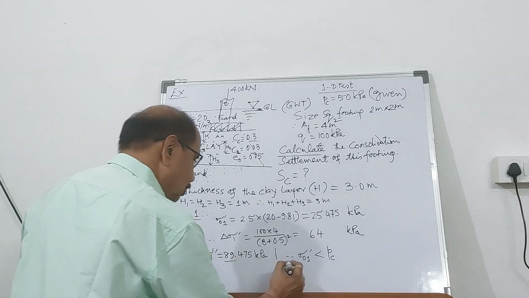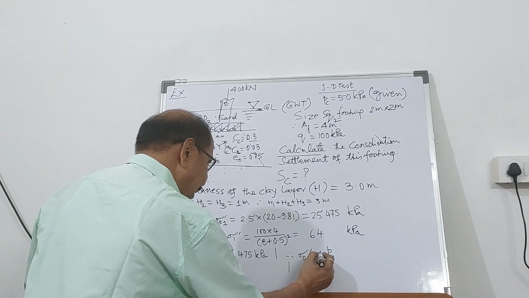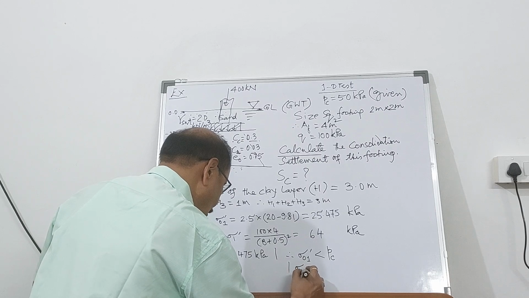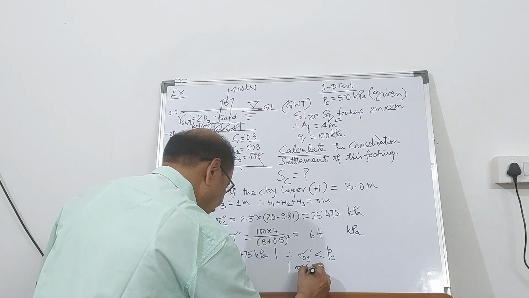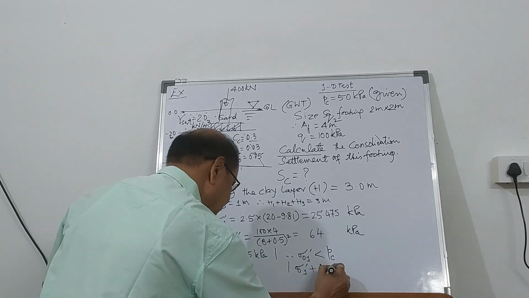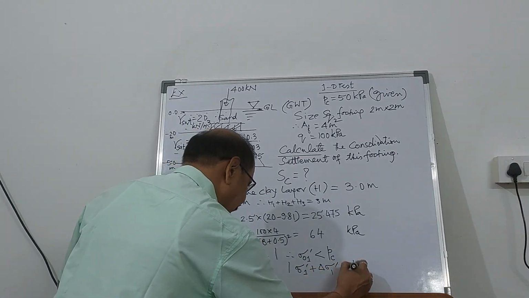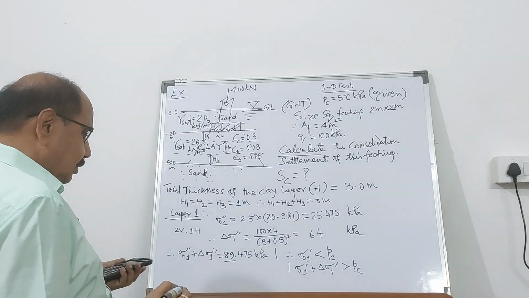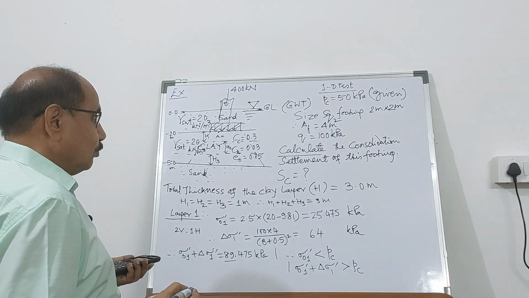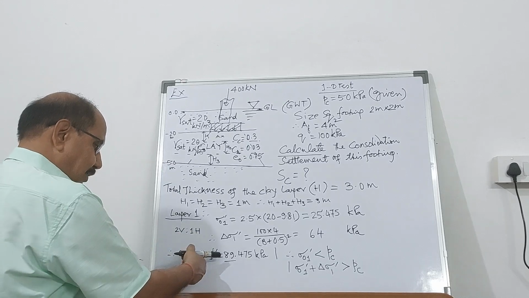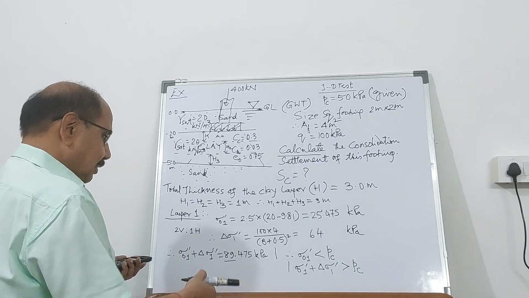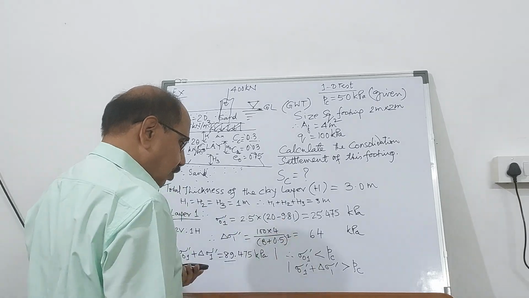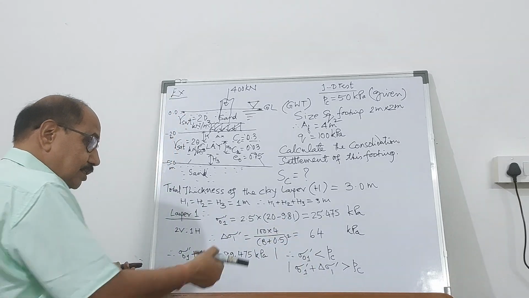That means sigma naught 1 prime is less than pre-consolidation pressure, but sigma naught 1 prime plus delta sigma 1 prime is greater than pre-consolidation pressure, which is 50 kilopascal, whereas you get 89. Here you got 25, but PC is 50 kilopascal. So this is the situation.